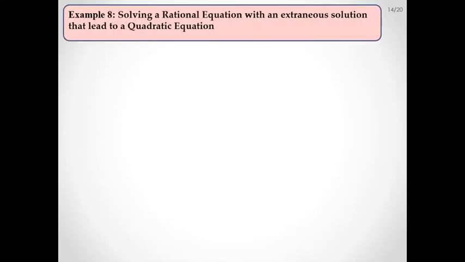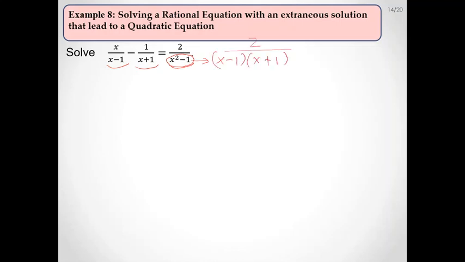Now let's look at this example. We have denominators here, x minus 1, x plus 1, and this is x squared minus 1. And you can write this one as x minus 1 times x plus 1. We start with the least common denominator.